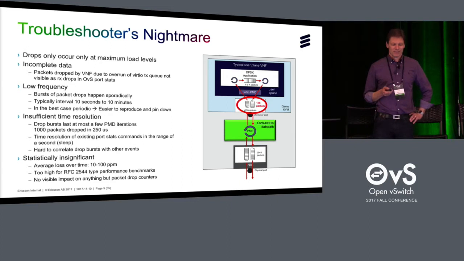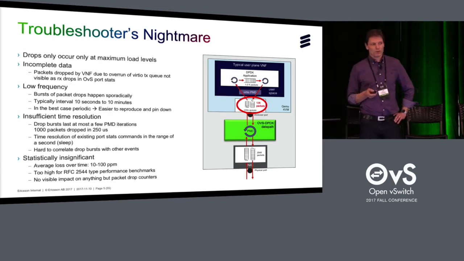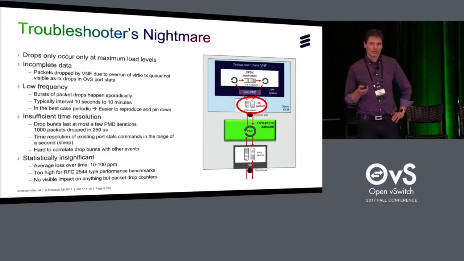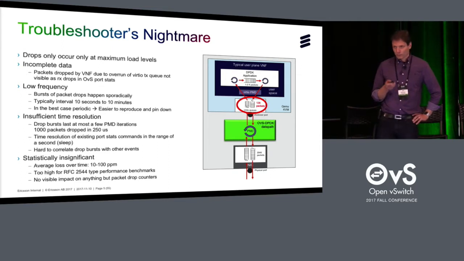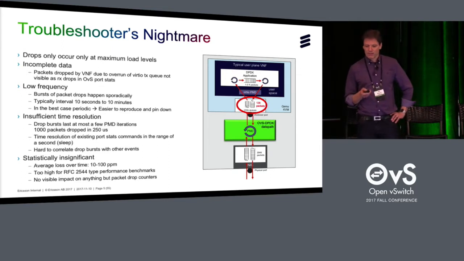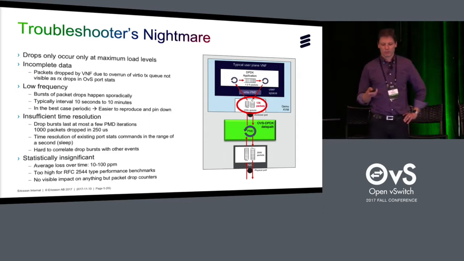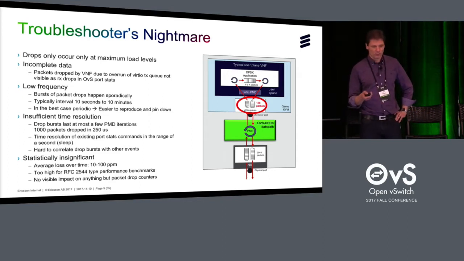Obviously, OVS has no knowledge of these packets being dropped. If you check the vhost user counter, there's always a 0 RX packet drop, because OVS is not aware and cannot be aware that the tenant is dropping packets because the queue is full. So in order to find out that packets are being lost there, you need access to the VM, and you need access to the troubleshooting commands to read those packet drop counters.